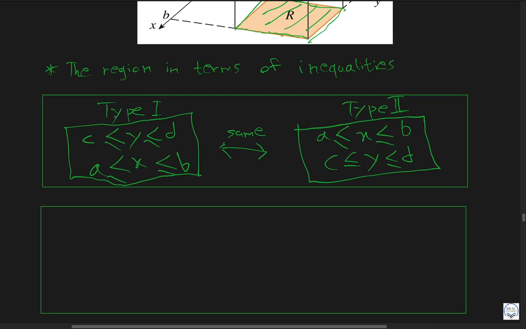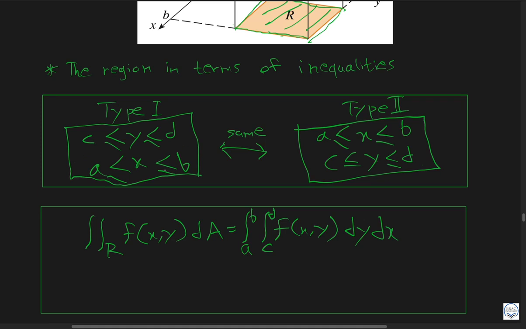And therefore, for Fubini's theorem, we can use the type 1 Fubini's theorem that we've learned a bit earlier, that the double integral of f of x comma y times dA is equal to the combination of one variable integrations of f of x comma y, where we do the y limit first for type 1 and then the x limit, and we know that the y limit is from c to d, and the x limit is from a to b here. And this is, let's just write, type 1.